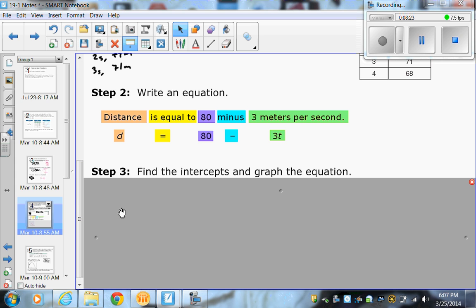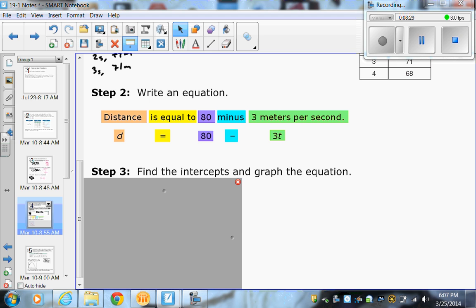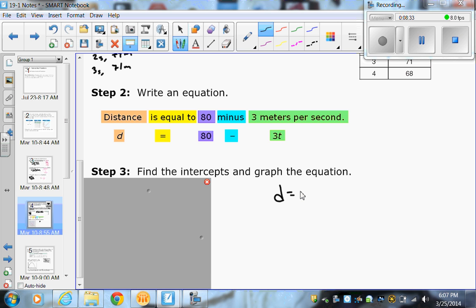Next thing we want to do is to find our x and y intercepts of the graph. Well, if we have d equals 80 minus 3t, your y-intercept is when x is 0. So in this case, we would find d when t is 0. So we have 80 minus 3 times 0, so we'd get 80.